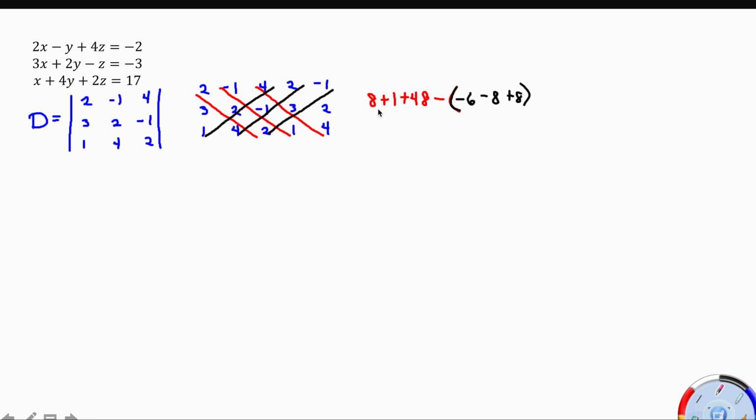So I have 57 minus 6, or 57 plus 6. D is 63.